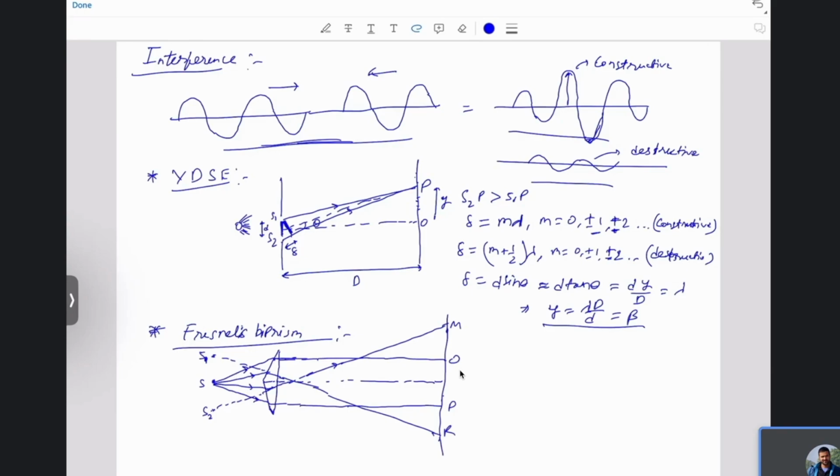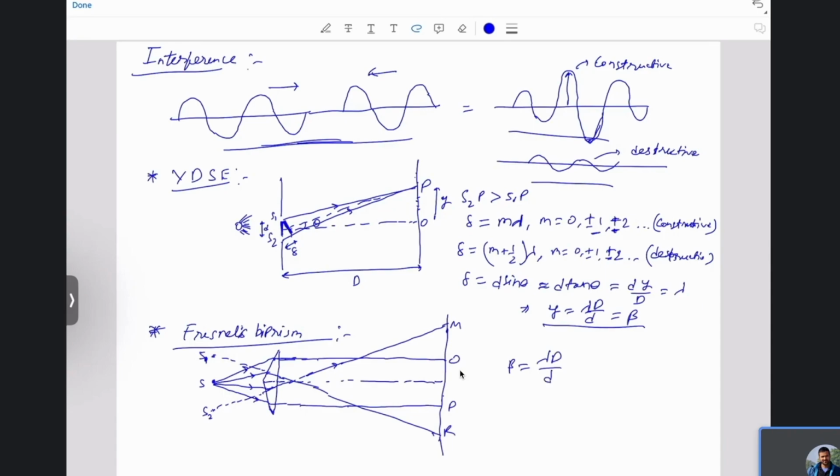And you can calculate the same things here, the conditions for constructive and destructive interference. But the most important thing that we have here is the expression for fringe width, which is given by the same formula as above, lambda D by d.